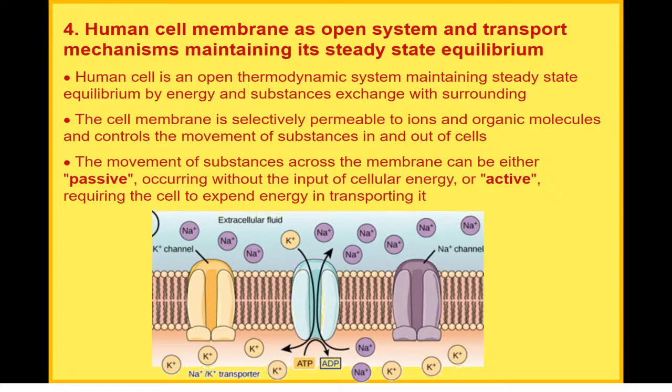The movement of substances across the membrane can be either passive, occurring without the input of cellular energy, or active, requiring the cell to expend energy in transporting that substance. And these structures are shown here. What are these structures?